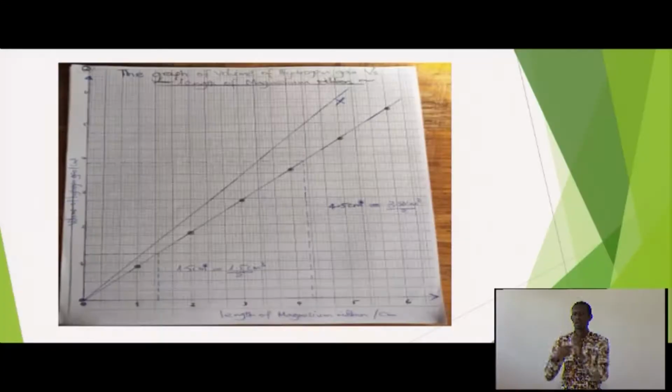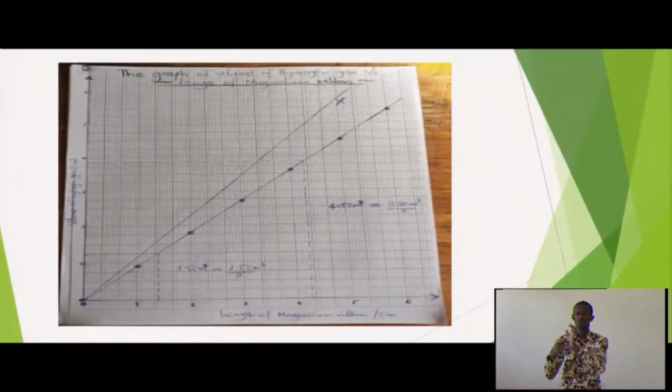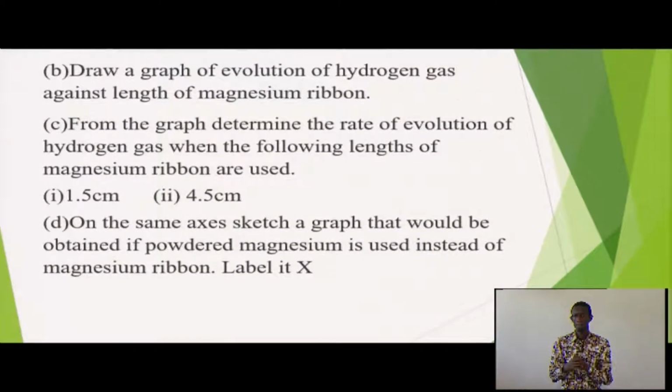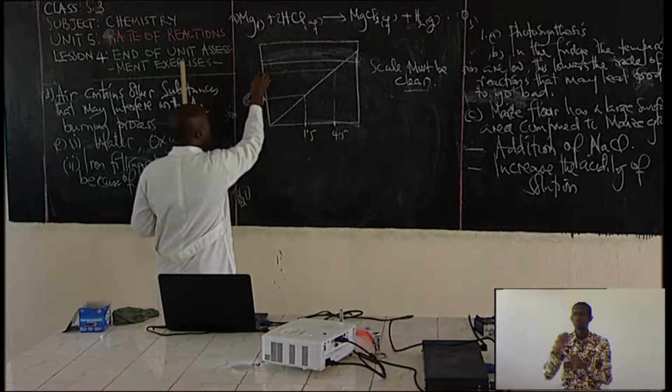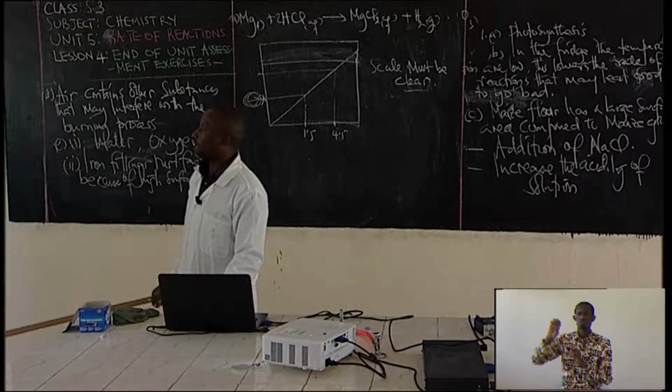Then if they say 4.5 centimeters, I go to 4.5, draw the line, then read the volume here. So it is just as simple as that.